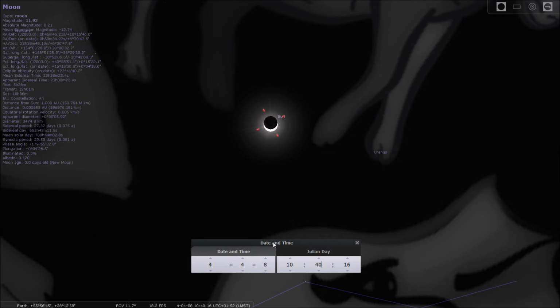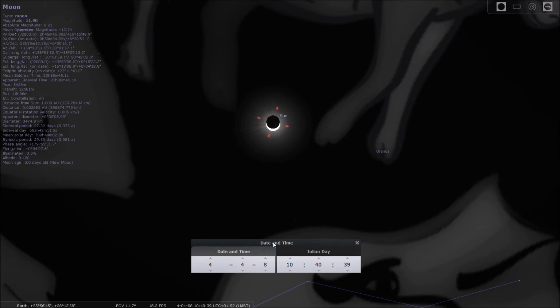And yes, in 2024, on the 8th of April, over southern Illinois, will be the next total solar eclipse over the United States.